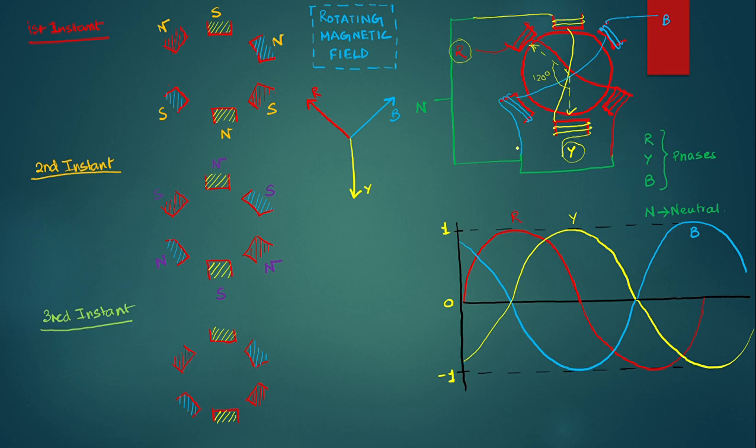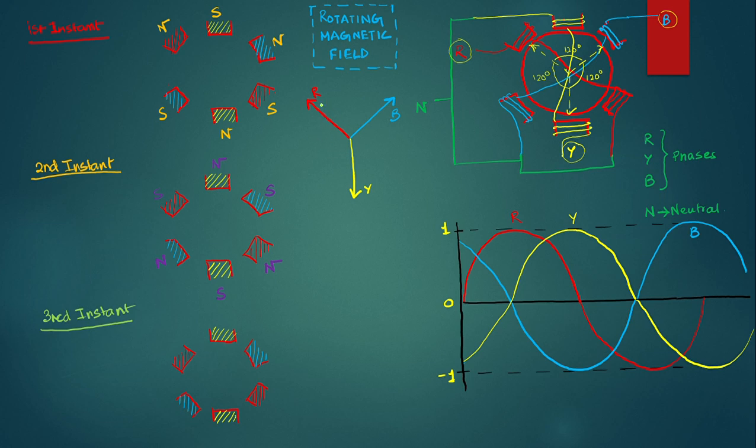And for the third phase, which is the B phase, we have connected this in a similar way, and this again goes to the neutral, and this is also 120 degrees apart from both Y and R. So we can say that the windings are connected 120 degrees apart from each other.